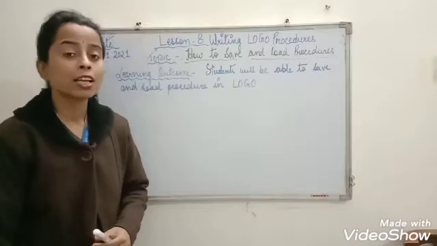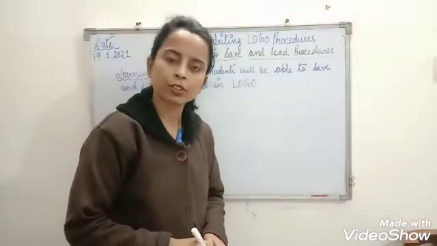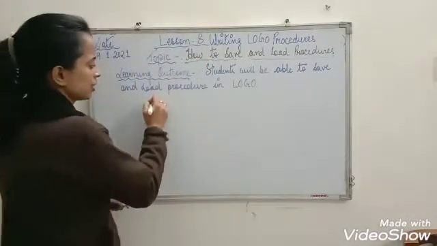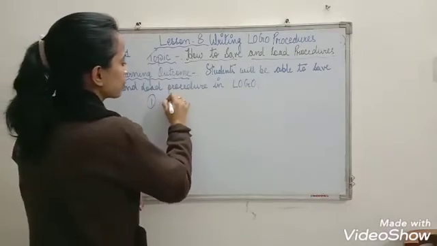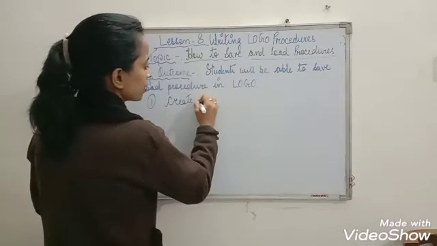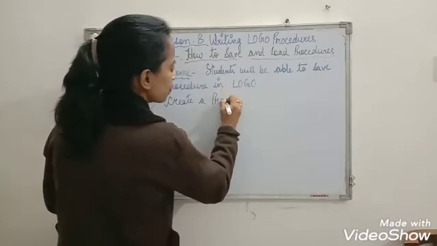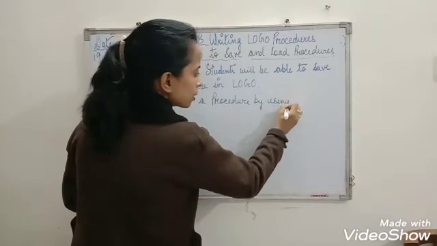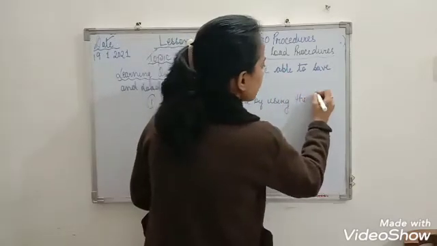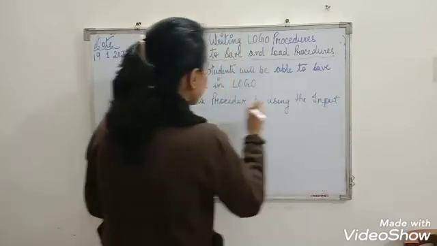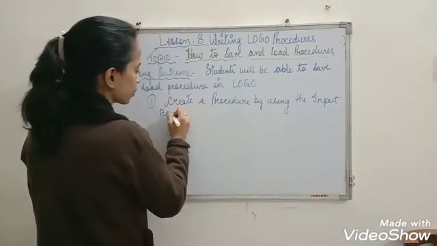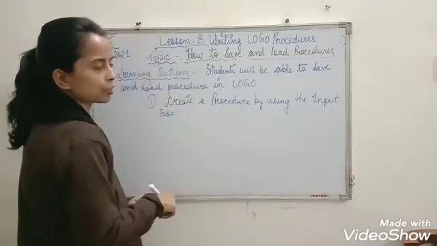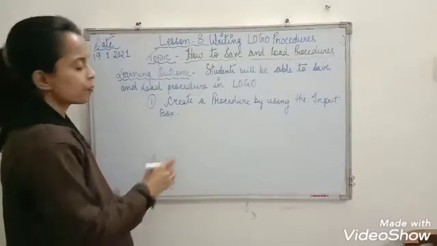Number one, create a procedure by using the input box. Under this, what comes? The parts of a procedure. What are the three parts of a procedure?